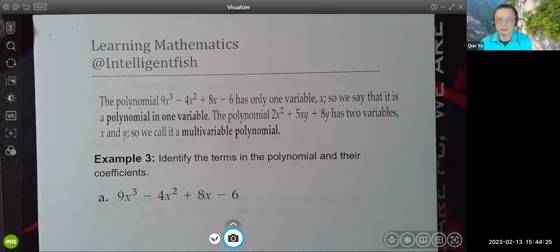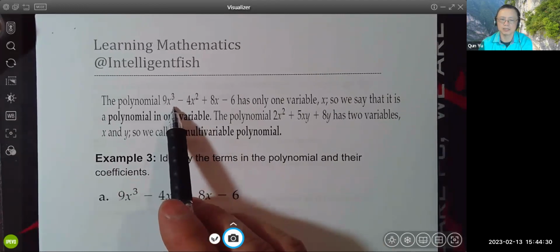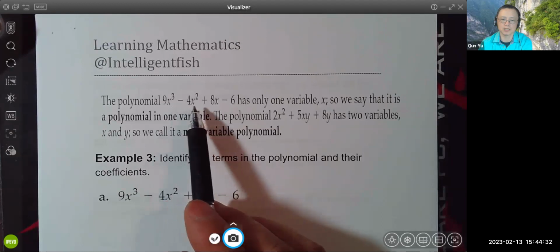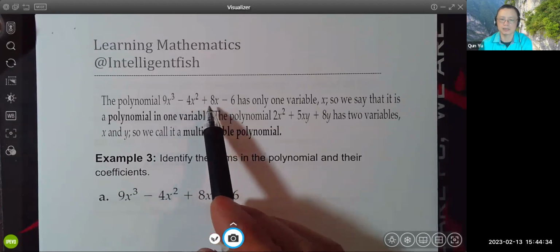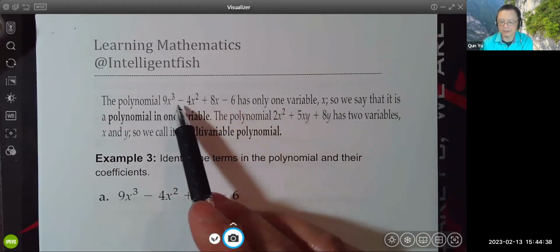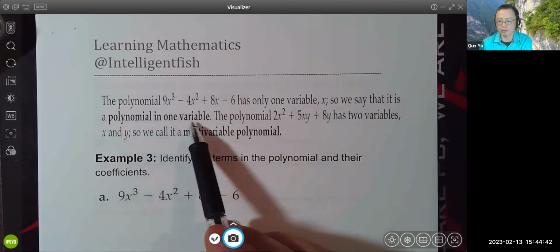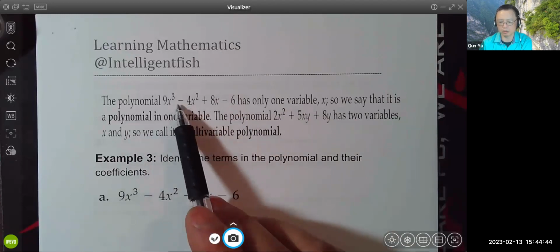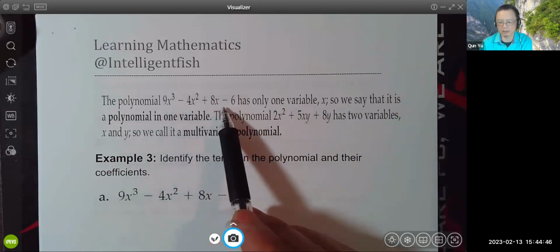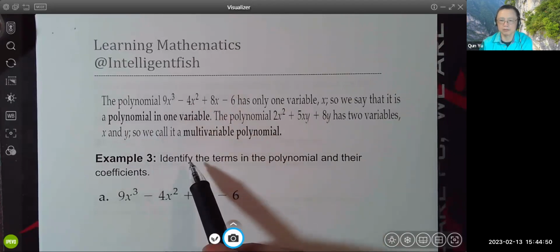Now, this particular polynomial, 9x cubed minus 4x squared plus 8x minus 6, has only one variable x in it. And this kind of polynomial is called a polynomial in one variable. Whatever it is, you could replace all of the x's with y's. It would still be called a one variable polynomial.